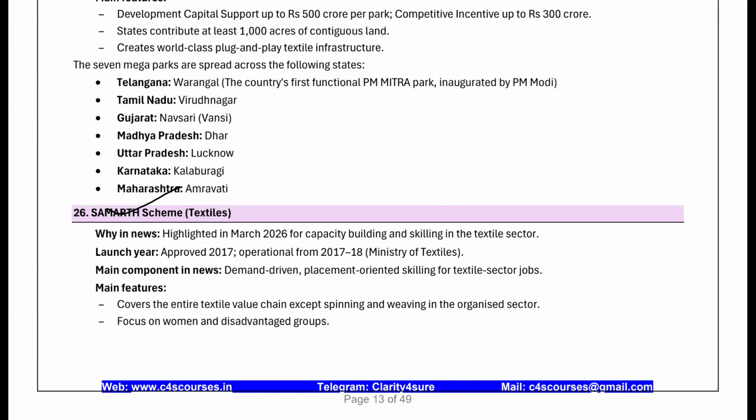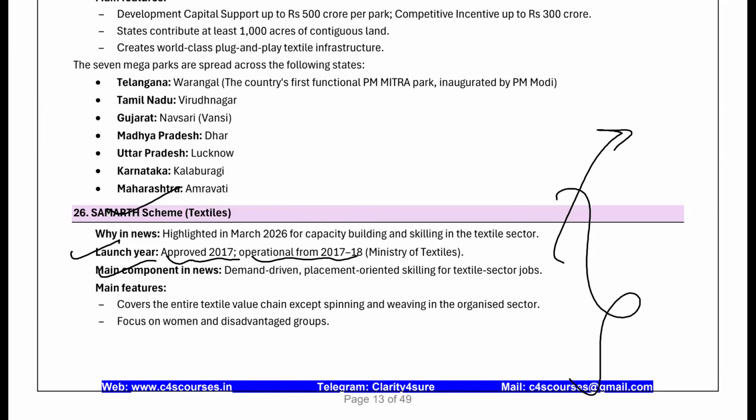So it is placement-oriented training with a focus on women workers. An important point: it will increase women entrepreneurship, meaning women workers will be the main focus. It will also address workforce development in the textile sector. Are you getting my point? Remember the launch year: it was approved in 2017, operational from 2017 to 2018.